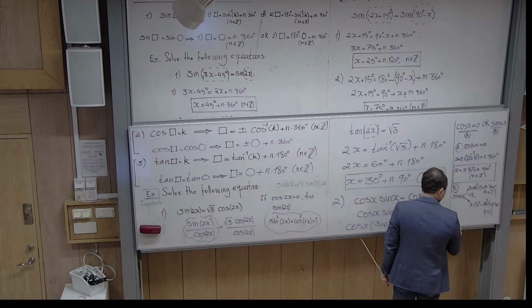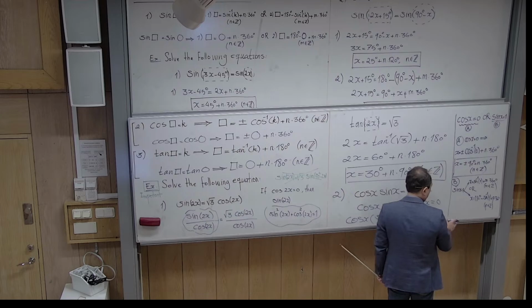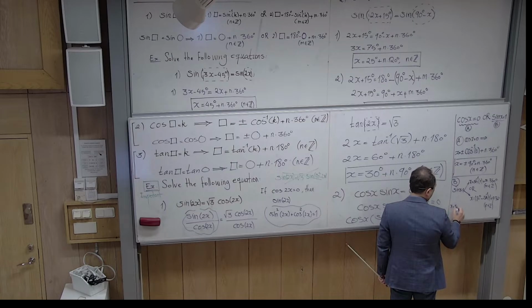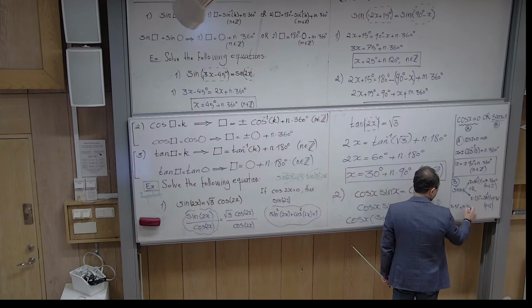By the way, very interesting things happening. I couldn't foresee this myself. So what happens here? This is 90. So this means that x is 90 degrees plus m times 360 degrees, or 180 minus this one. This one I could see, but another thing I couldn't see.